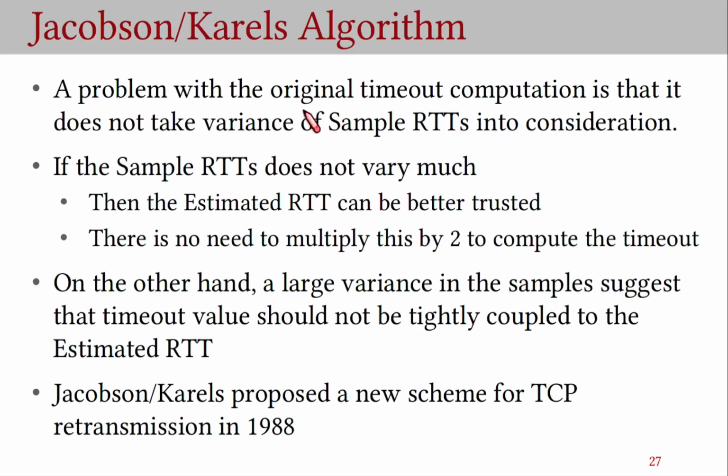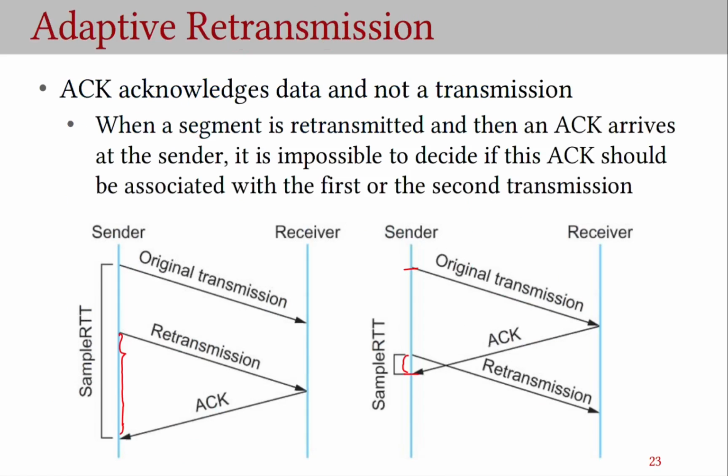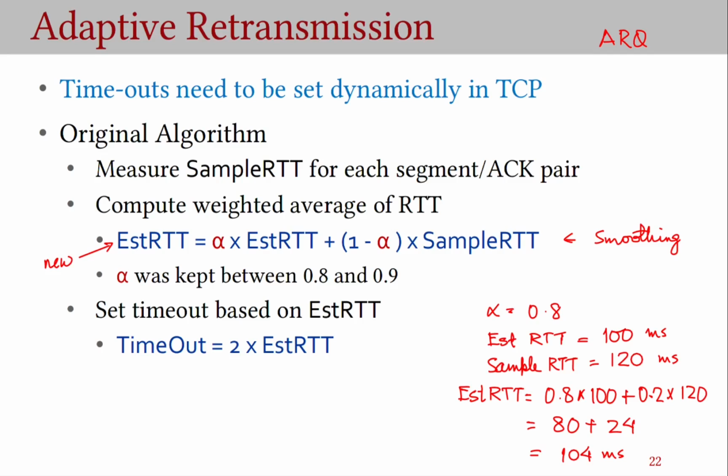A problem with the timeout computations and also the Karn and Partridge algorithm is that it does not take the variance of sample round trip time into consideration. If the sample round trip time does not vary much, then the estimated round trip time can be trusted. Remember, in our calculations, we calculate the estimated round trip time and then we set the timeout to be twice the estimated round trip time.